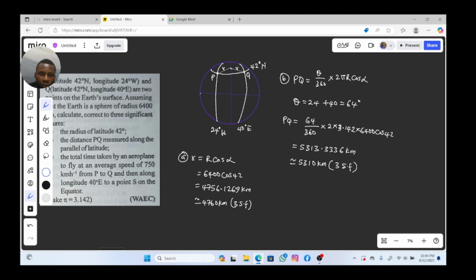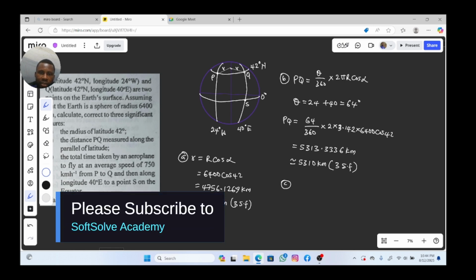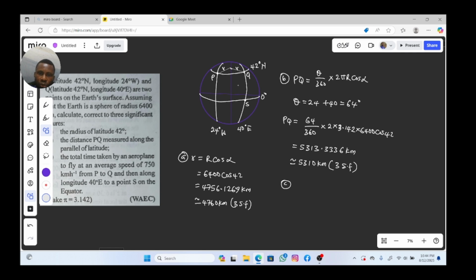So this will be the equator, which is 0 degrees. Where this 40 east and this equator met is the point. Okay, so that means we need to also calculate for C. Now we need to also calculate the distance from Q to X.